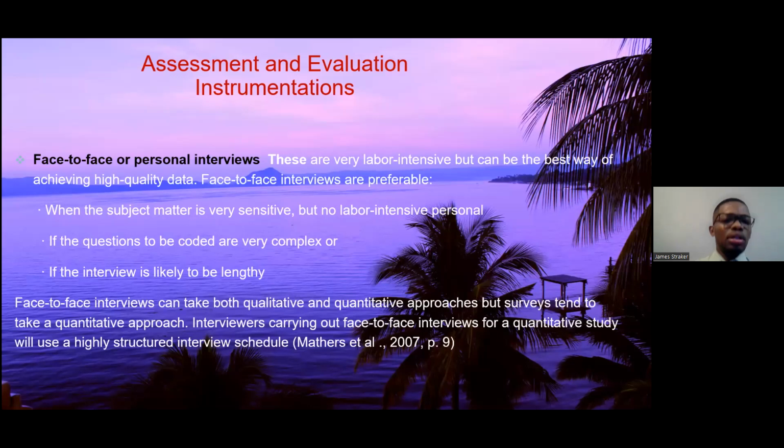And so a more in-depth approach that we could have is face-to-face or personal interviews. And as seen here, it can be very labor intensive, but with this, we can really achieve high quality data.